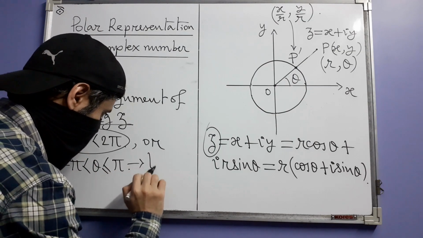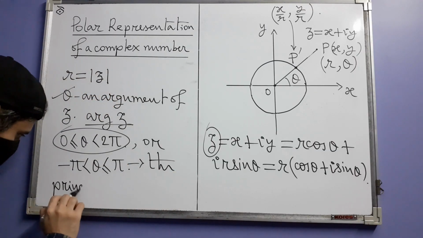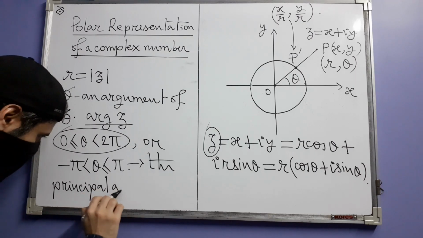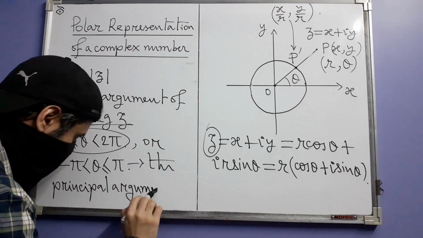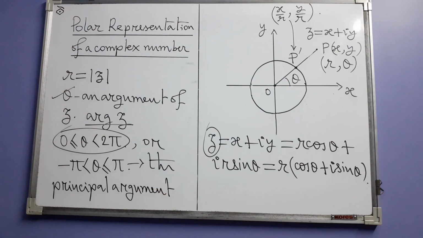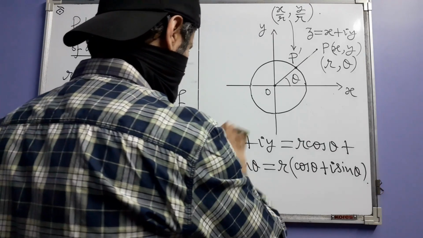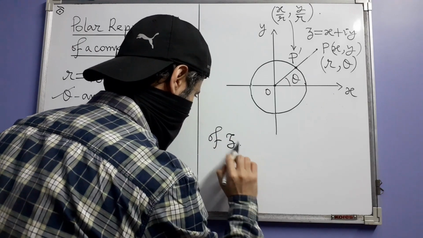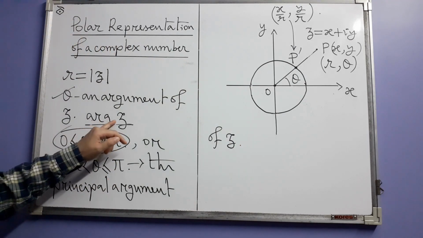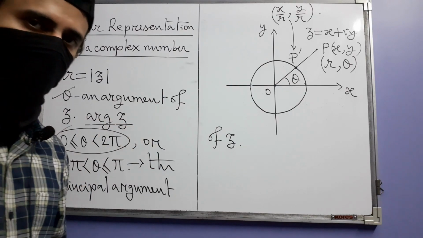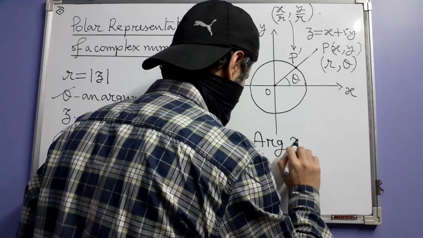It's called the principal argument of z. Just like any arbitrary argument is written like this, arg z, the principal argument is denoted by capital Arg z.